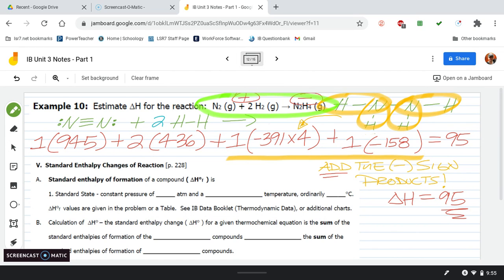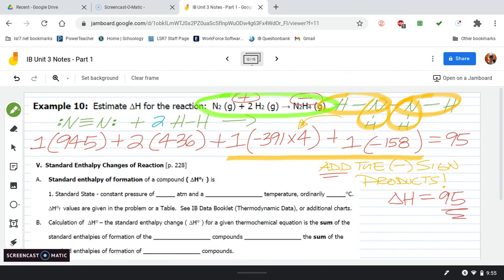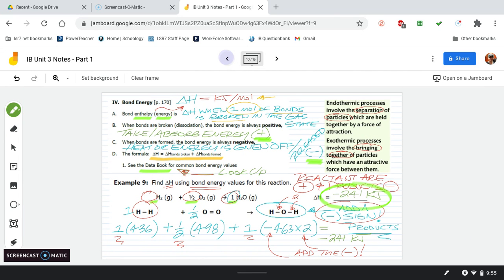So to kind of sum this up before I go on to the next thing, which is new, when we're doing bonds, right now I will give you all of the bonds. Are they single? Are they double? Are they triple? On the 4th unit, I do go over how to do that. I just kind of have them out of order.